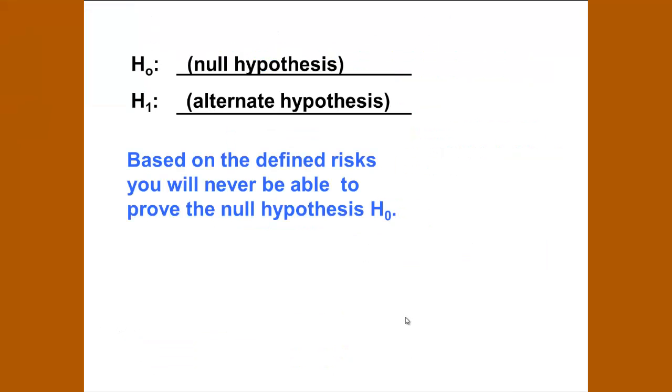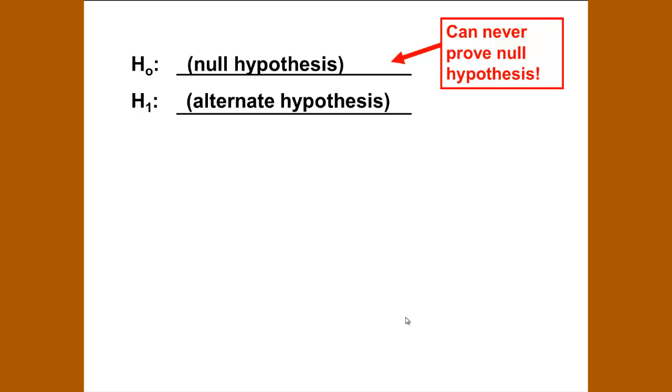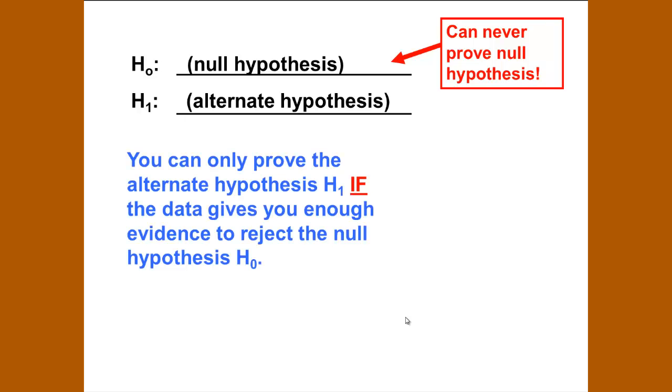The null hypothesis and the alternate hypothesis are based on defined risks, so you will never be able to prove the null hypothesis. You can never prove the null hypothesis. You can only prove the alternate hypothesis, H1, if the data gives you enough evidence to reject the null, H0.